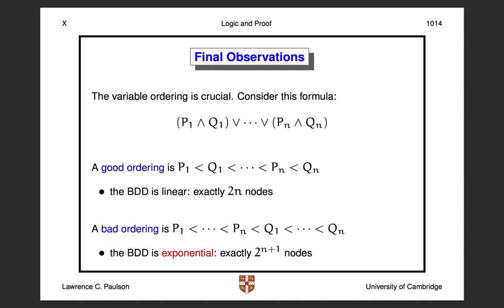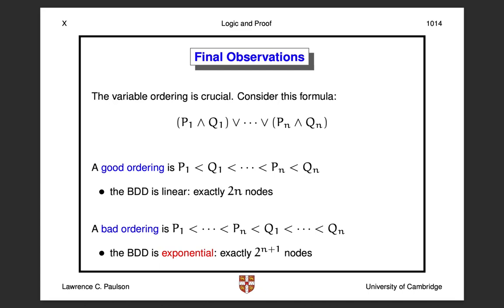So the formula here on the slide is a very simple formula. We have 2n variables, and you see it is true if P1 and Q1 are true, or if P2 and Q2, etc., up to Pn and Qn.